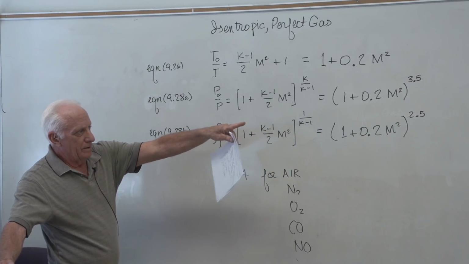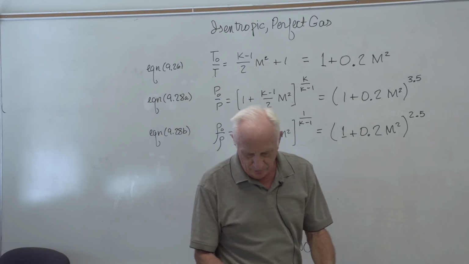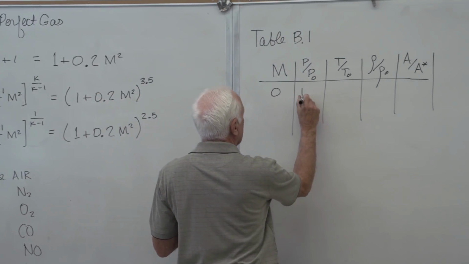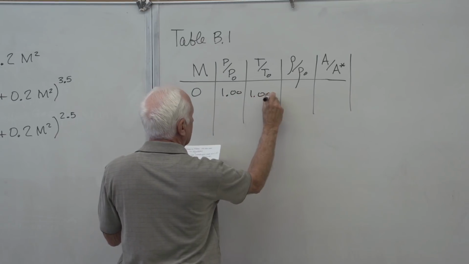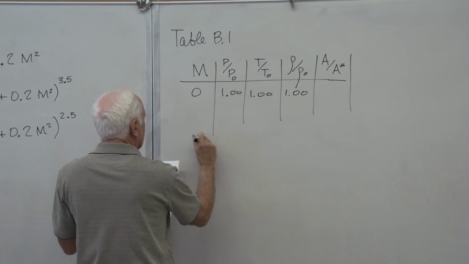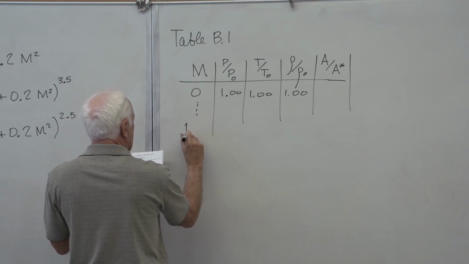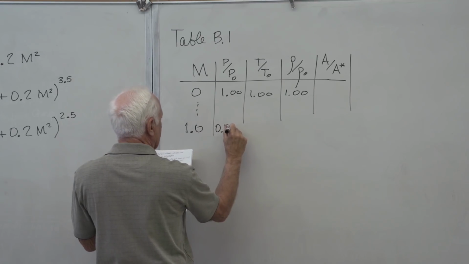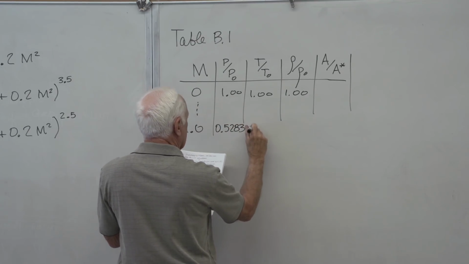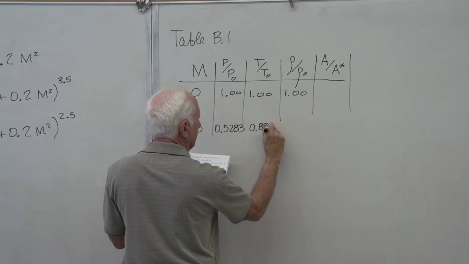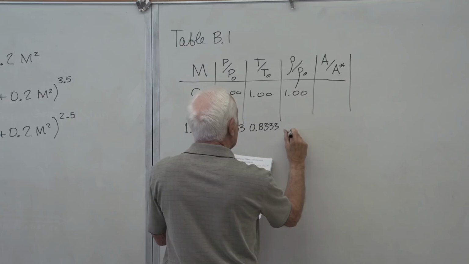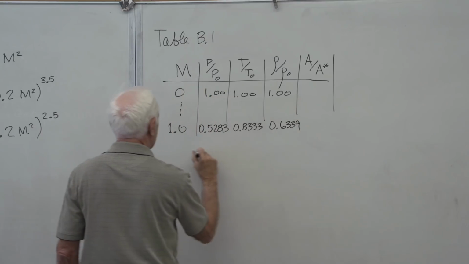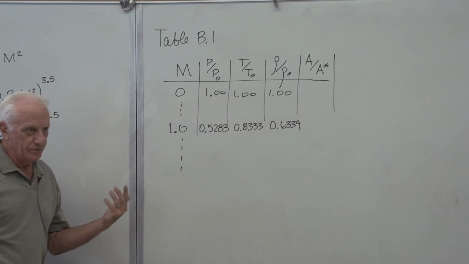Now you can go over here and use that table if you want, table back of the book. Mach number 0: 1.0, 1.0, 1.0. Mach number 1: 0.5283, 0.8333. Density ratio 0.6339. And then the Mach number goes to 2, to 3, to 4.